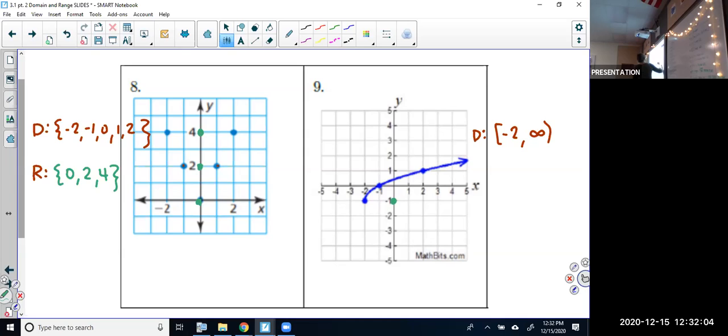It starts here, and since it's still slanted, it means it's going to keep going up forever, it's just slow. It doesn't stop right there at 2 or whatever. So negative 1, comma, infinity, with parentheses.